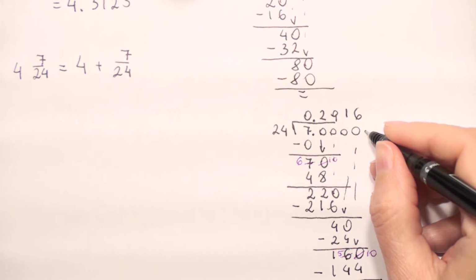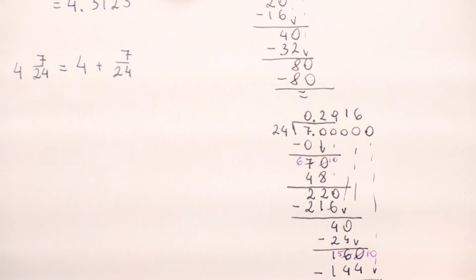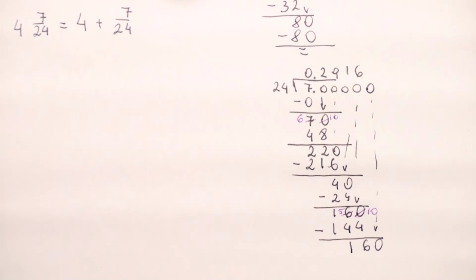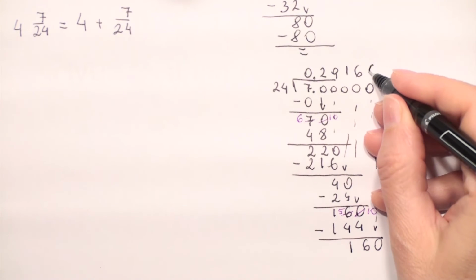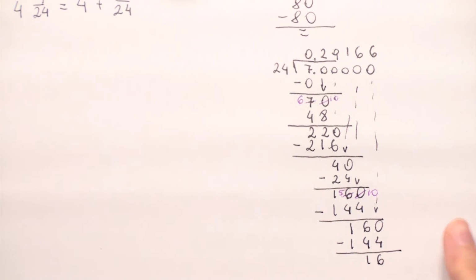So we can add one more 0. And we have 160 again. Divided by 24 is 6. 6 times 24 is 144. And we see that we cannot finish this long division. The 6 repeats.